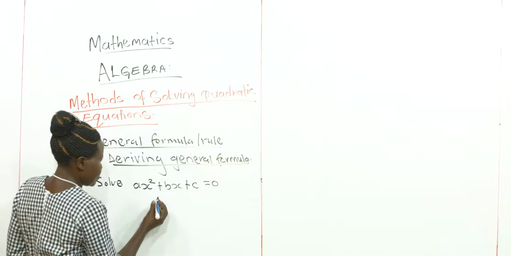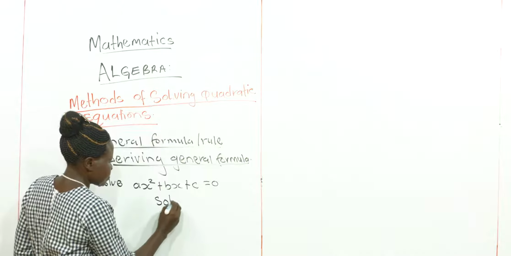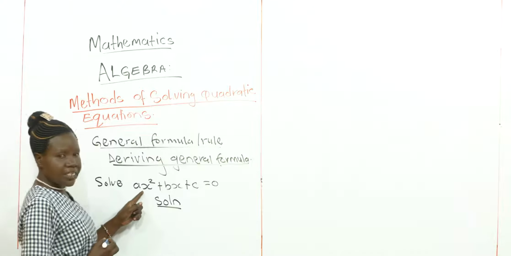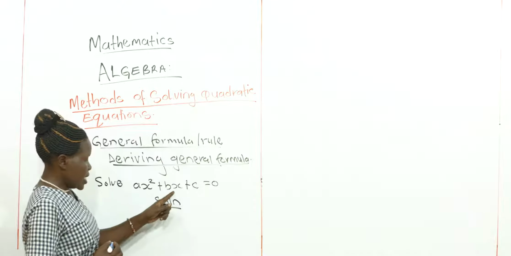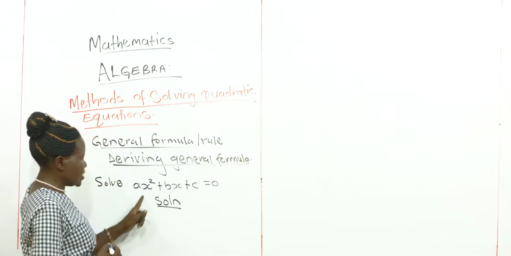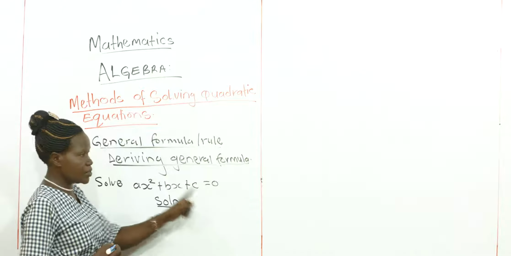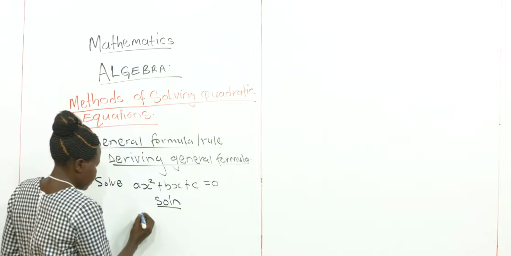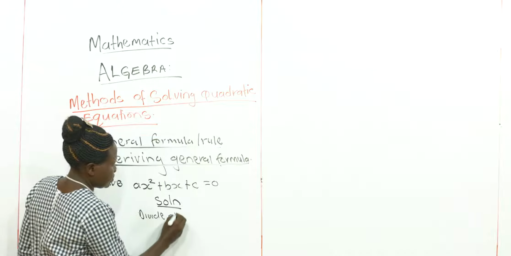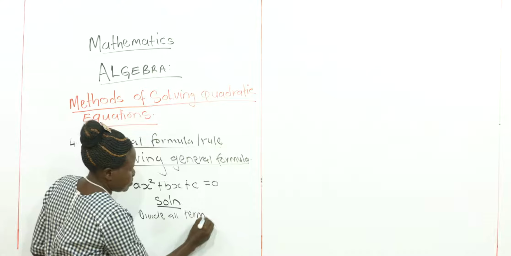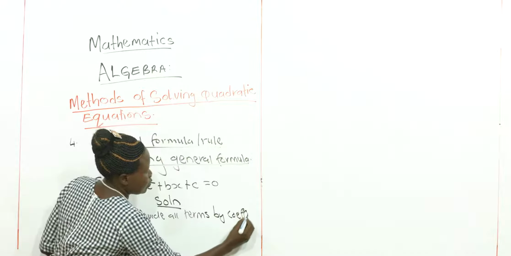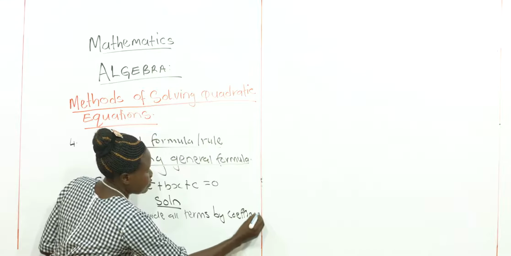So in our solution for this, we simply say, since the first term contains a coefficient, what we do is divide all the terms by the coefficient of x square. This is your first step.